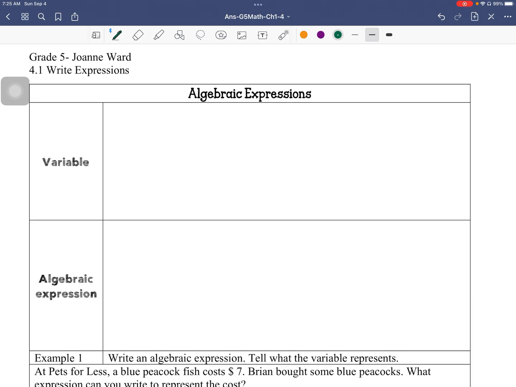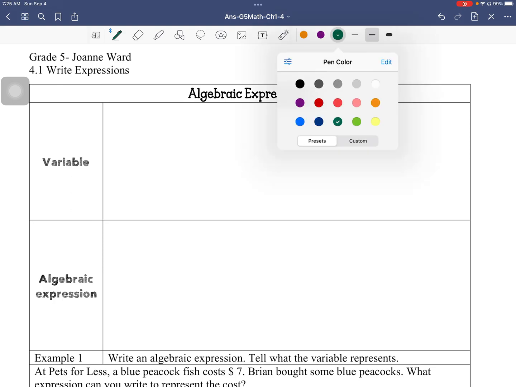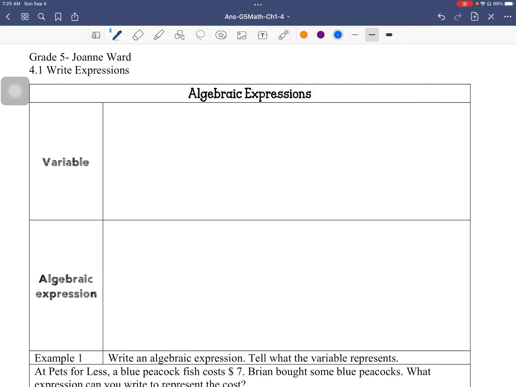So previously, that's what we talked about, numerical expressions. And now I want to talk about algebraic expressions. So what is a variable? This concept is very important because this leads to higher level math.